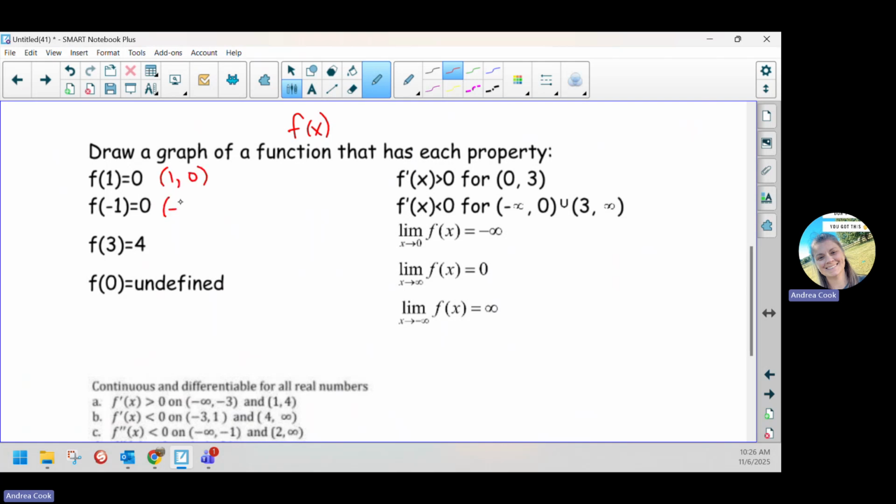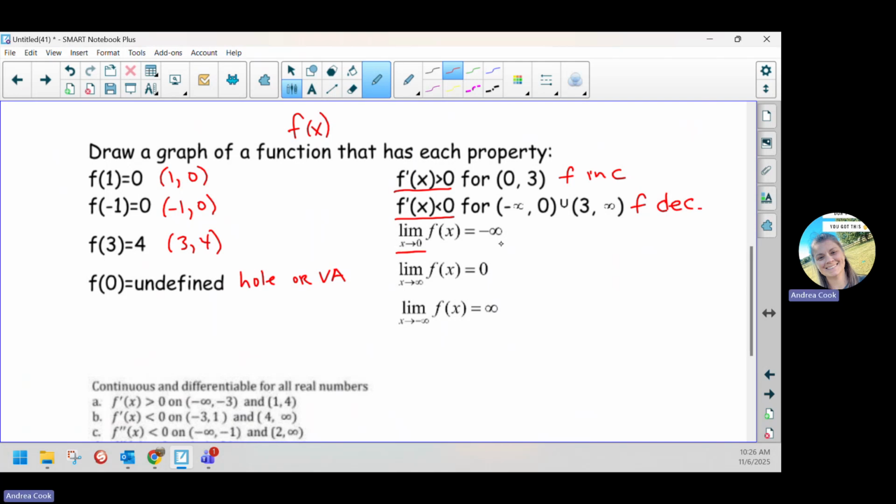Then I have another point, -1, 0. And then 3, 4. Then they tell me f of 0 is undefined. So that means it's going to either be a hole or a vertical asymptote. I'm not sure yet. Here they tell me f prime is positive, so on that interval, f is increasing. F prime is negative, so on these two intervals, f is decreasing.